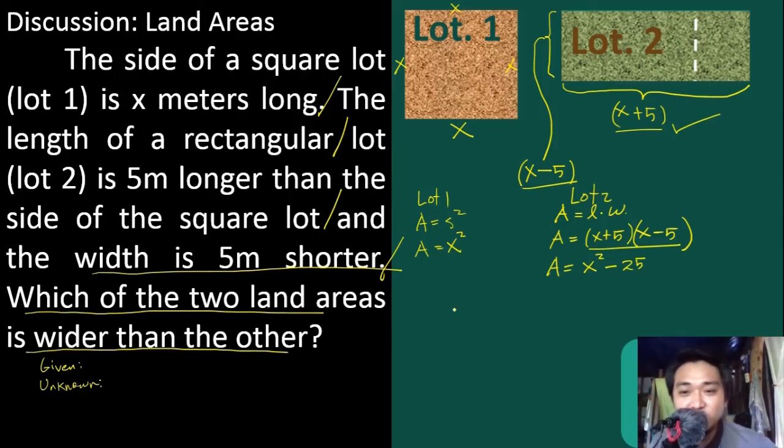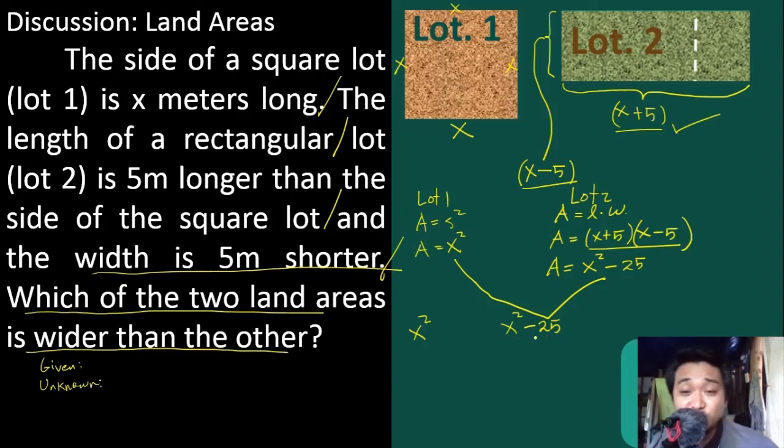So, which of the two land areas is wider than the other? Ito ba o ito ba? So, kung mapapansin nyo, yung first area is x squared. Yung pangalawang area is x squared minus 25. Kung wala nga lang minus 25, they will be equal, diba? x squared is equal to x squared.